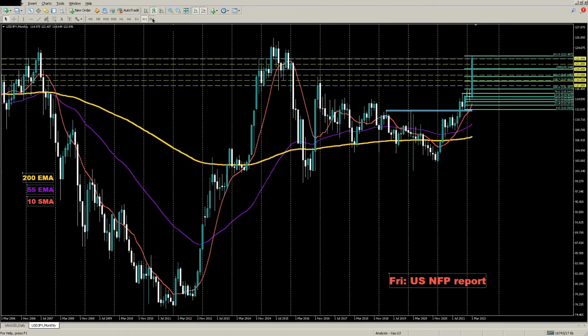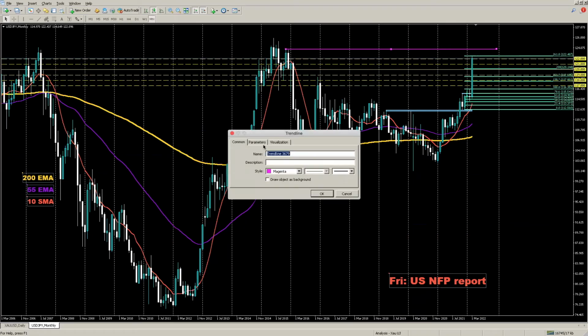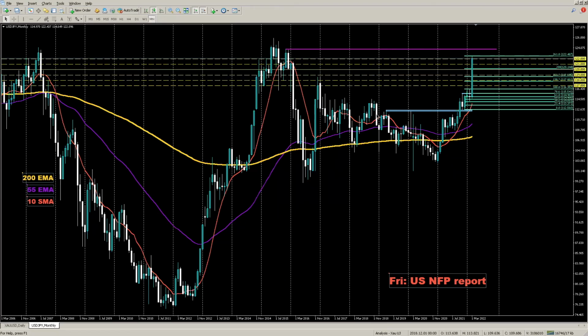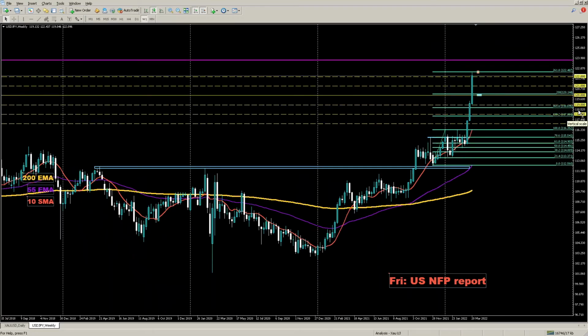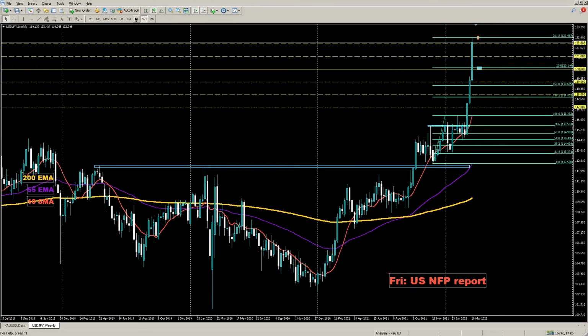Let's move on to the monthly time frames, and there are swing highs up here at 123.75, so it's still quite a significant move away.